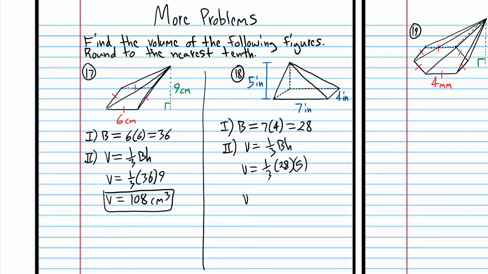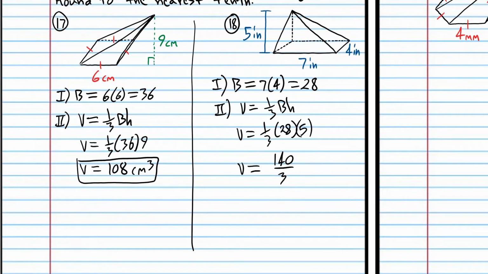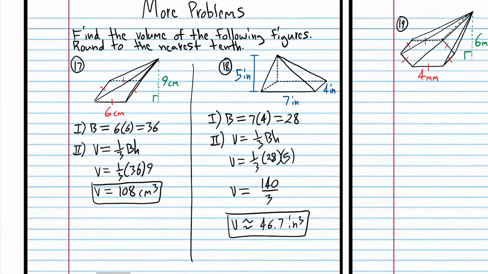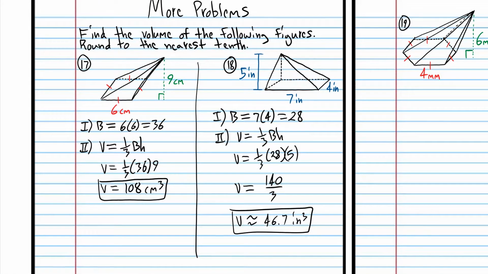And so we get 140 over 3. And you can just do that in your calculator if you want to. We get 46.7 cubic inches, and that's rounding to the nearest tenth place. So if you got that answer, good job.